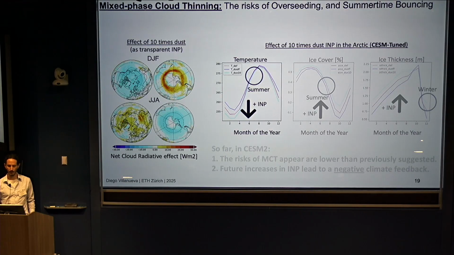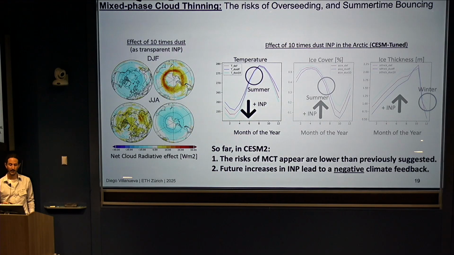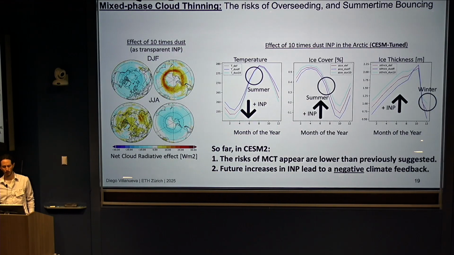I'm a bit puzzled by this, and I think the reason is how the sea ice model responds to the cooling in winter, and how this increase in sea ice in winter gets transported to the summer. We're still trying to figure this out, and I'm pretty sure that some further interpretation will be needed to explain this.